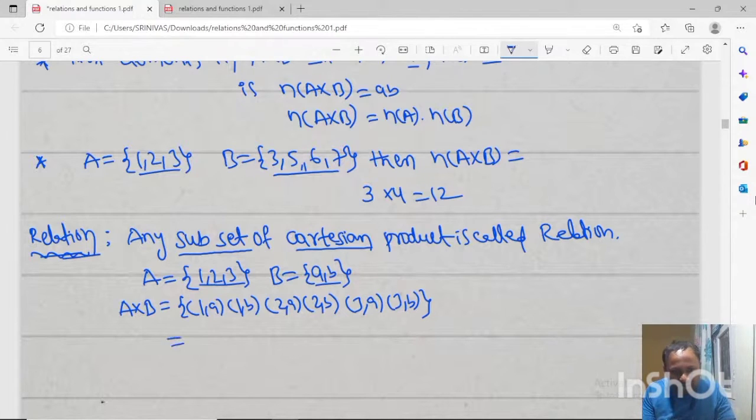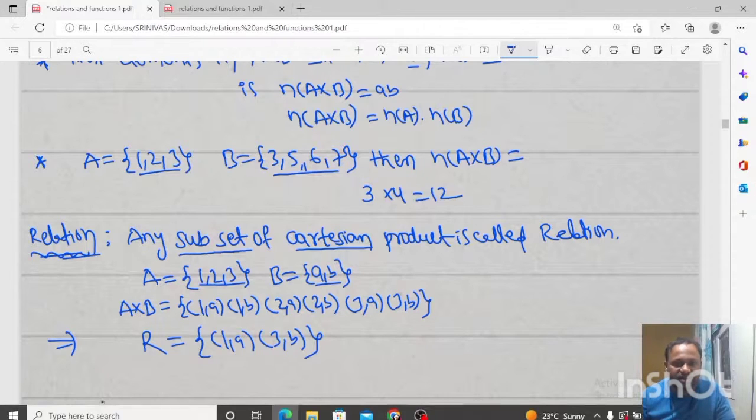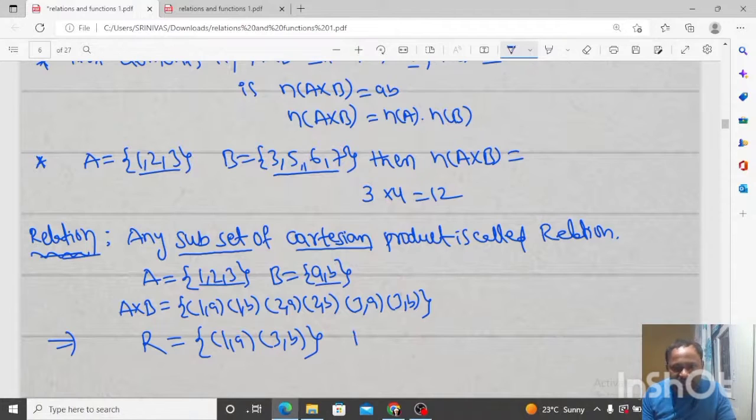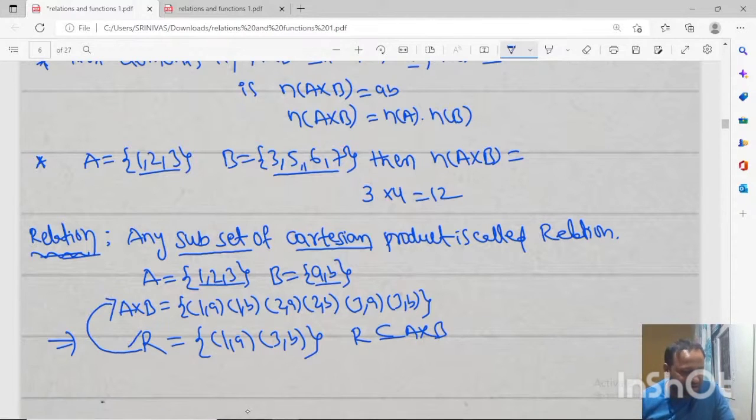From this I will take some of the elements, 1 comma A, 3 comma B. From this I have taken, this is a relation, because from this set I have taken some of the elements. Here R is a subset of A cross B. Any subset of A cross B is called a relation.